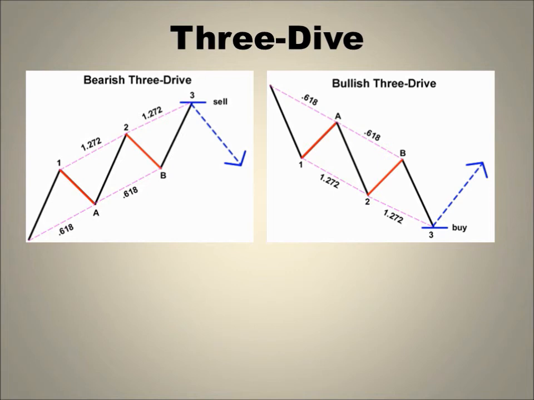So we're using Fibonacci to determine when this corrective wave will end and when the trend will resume. So again, we combine tools. We're combining Fibonacci, or we can use pivot points as well, and we're combining these with wave patterns.